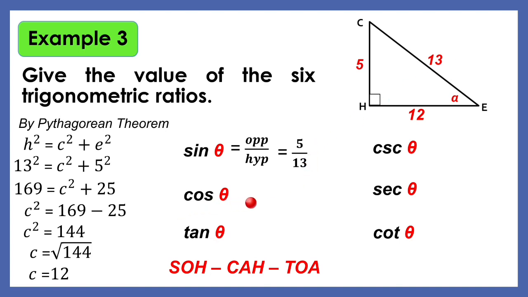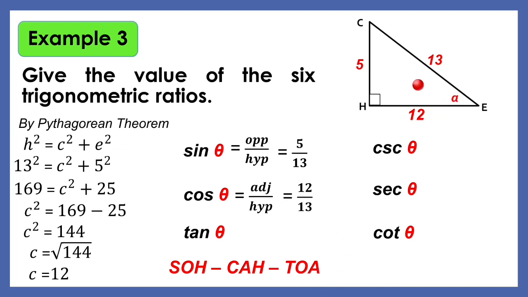Next, cosine. Cosine theta is equal to adjacent over hypotenuse. So, ang adjacent or yung malapit dito sa ating alpha is 12 over hypotenuse is 13. So, we have 12 over 13. Next, tangent alpha, that is TOA, opposite over adjacent.